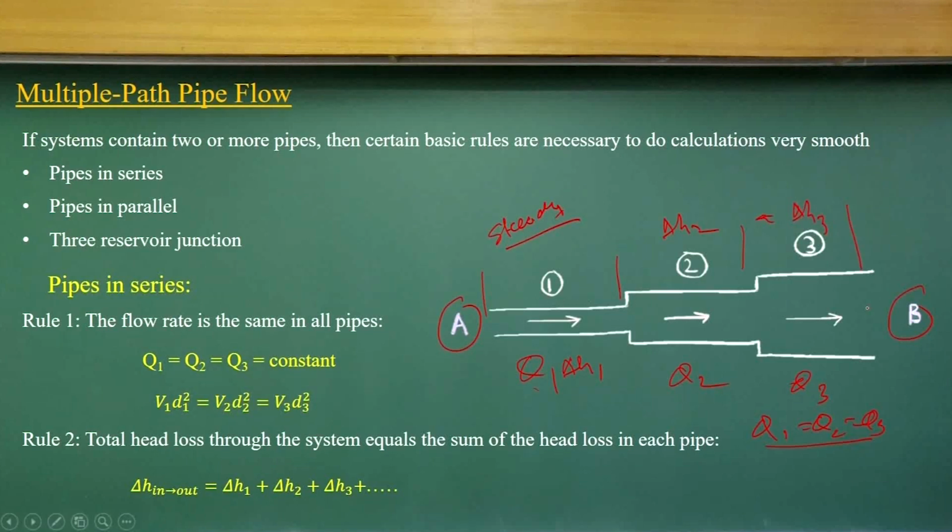The total energy loss will be delta H1 plus delta H2 plus delta H3. So, pipes in series are very simple problems in which your flow is constant, but the total head loss is the sum of the head losses of the individual pipes connected in series.